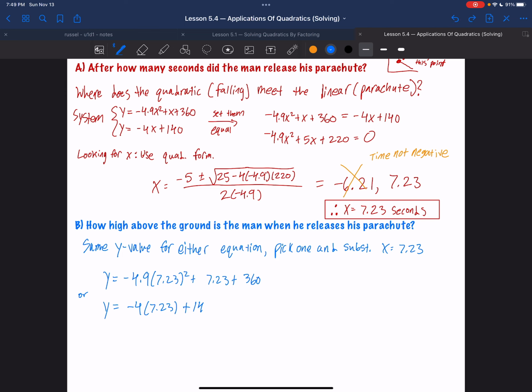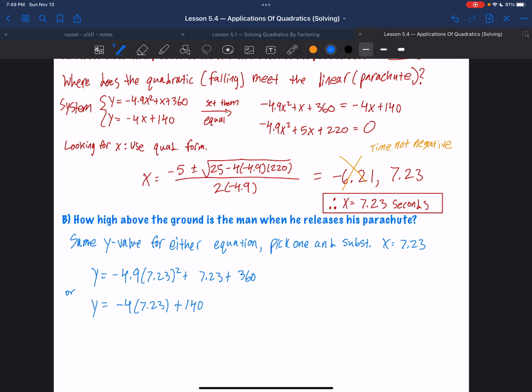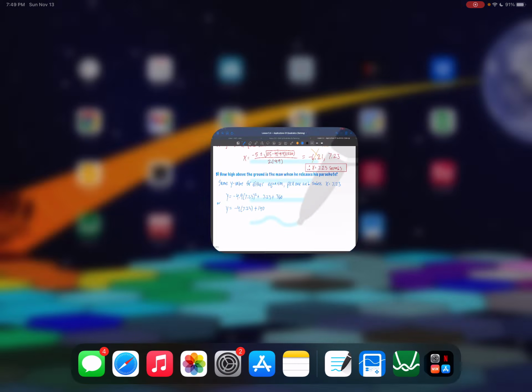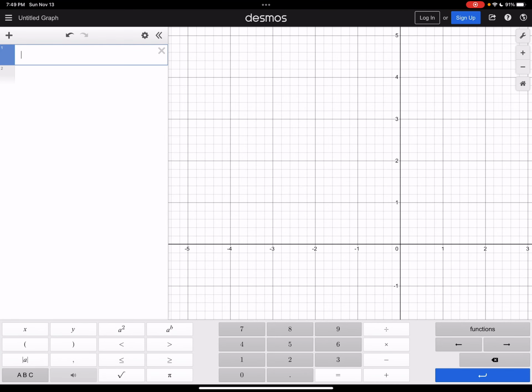In either of those options, we're going to get the same result, or it should be pretty darn close, at least. So let's go to Desmos, and I'll do both just to show you. Negative 4.9 times 7.23 squared plus 7.23 plus 360. I do think this one's going to have a little bit more decimals because those two decimals are getting squared.